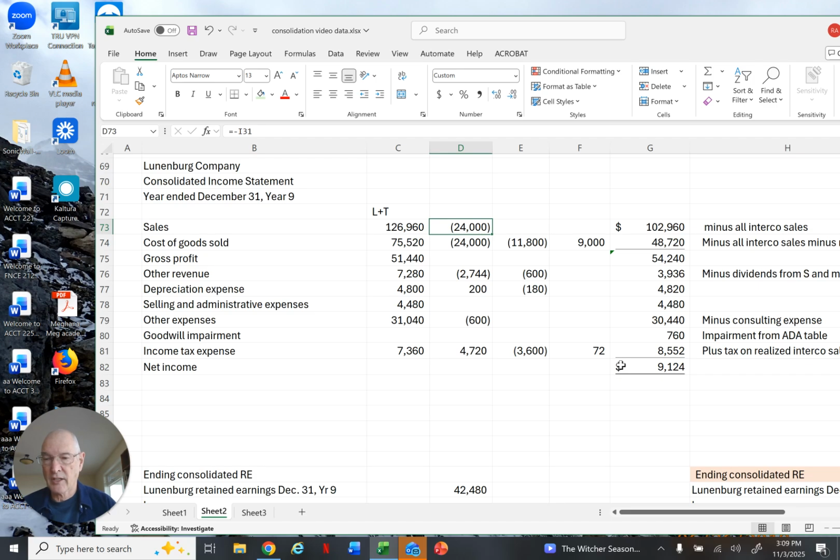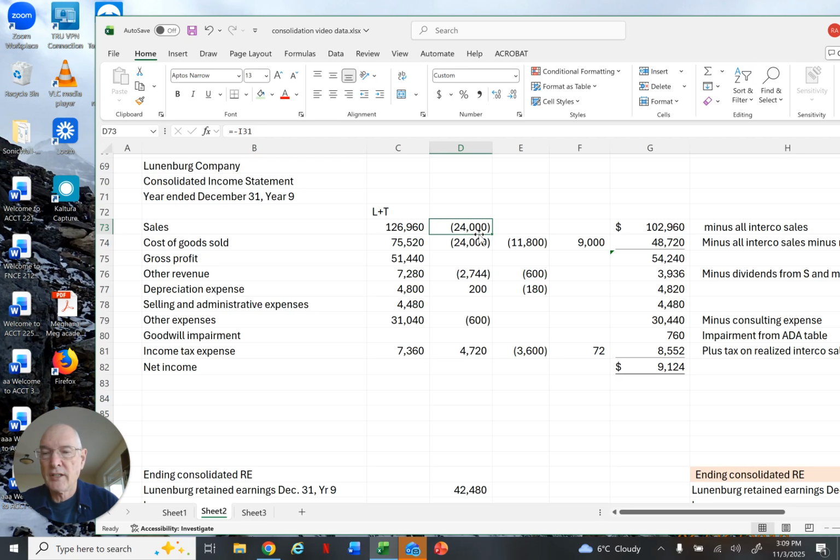We're only counting sales to external parties. We take this away from both sales and cost of goods sold, and notice if you take away the revenue and you take away the expense, the net effect is zero. So that's where we're going to start.